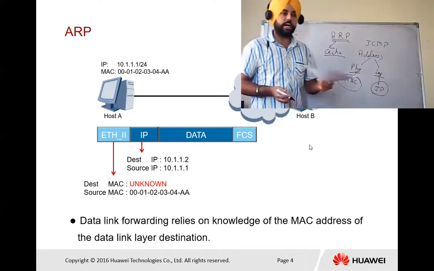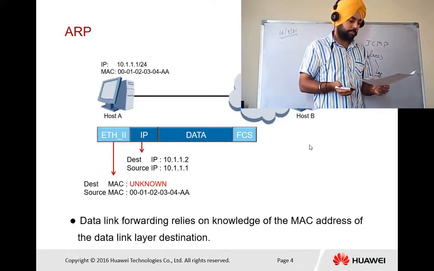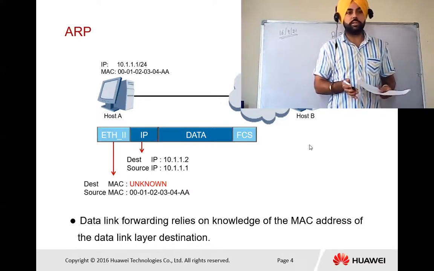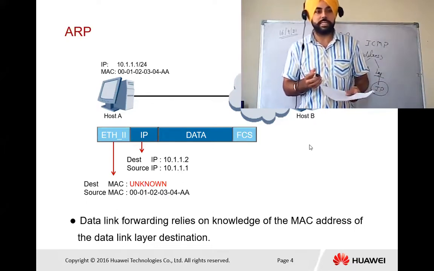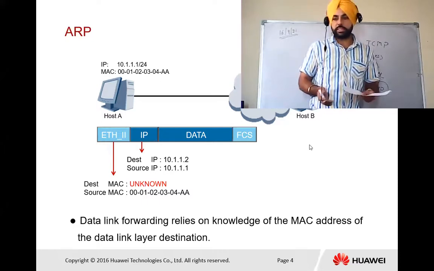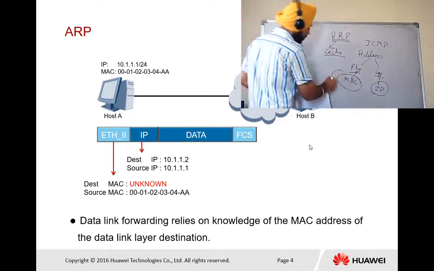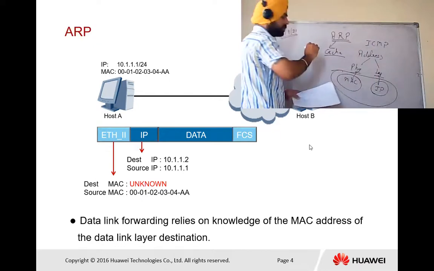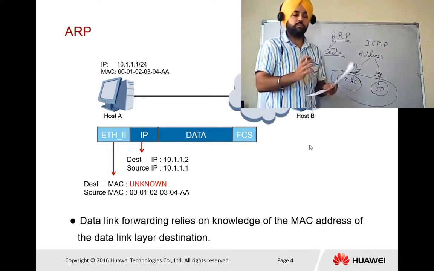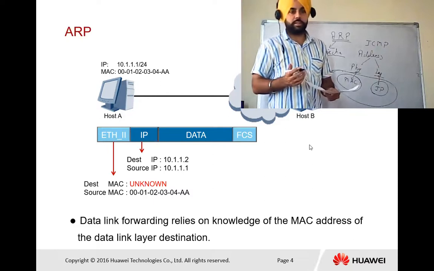In this case host A has an IP address as well, and if it wants to send a packet to the destination, see in the diagram the destination MAC address is unknown and the source MAC address is given. Whenever we send a packet to the destination, two addresses are attached to it: a MAC address and an IP address.